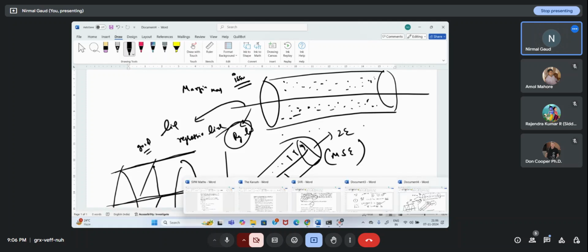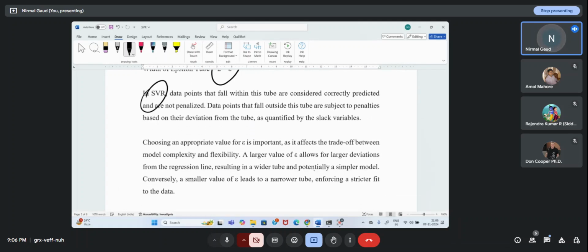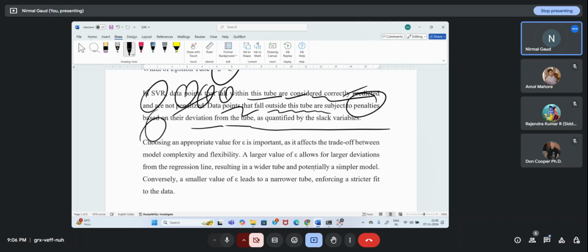Then what does it say next? In SVR, data points that fall within this tube are considered correctly predicted and not penalized. Data points that fall outside the tube are subject to penalties. They are said to be deviated, and they are quantified by slack variables. I already introduced you to the slack variable.